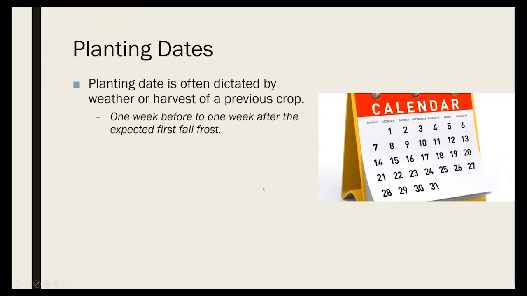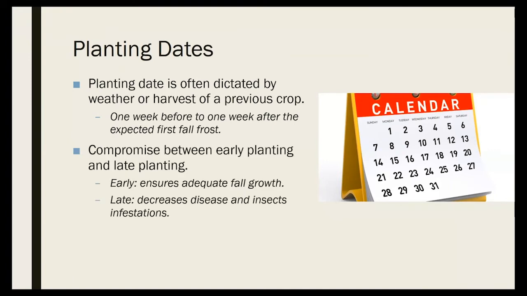So planting date is often based on the weather or the harvest of the previous crop. The rule of thumb for planting fall small grains is 1 week before to 1 week after the expected first fall frost. That's what we target, but it's totally flexible based on the weather conditions of the year.